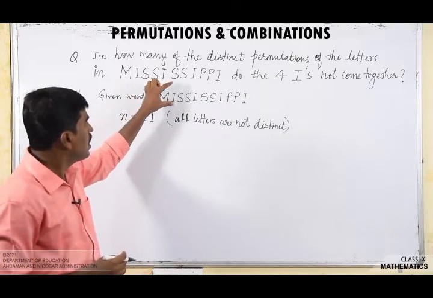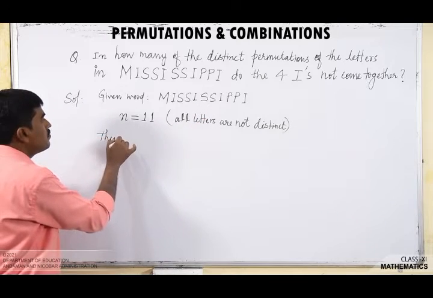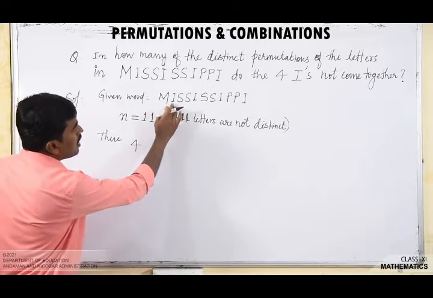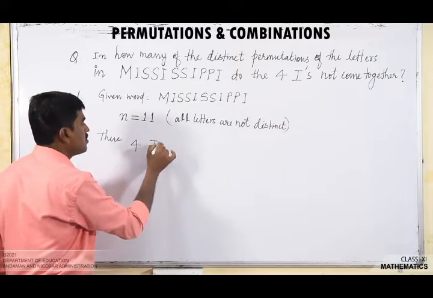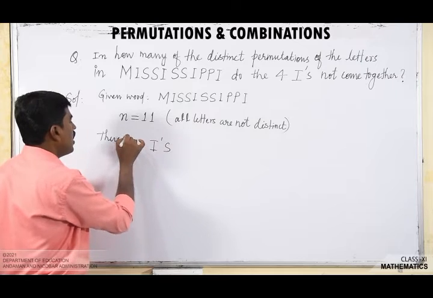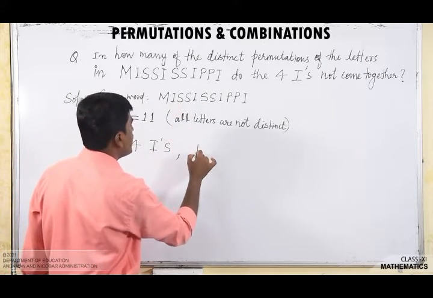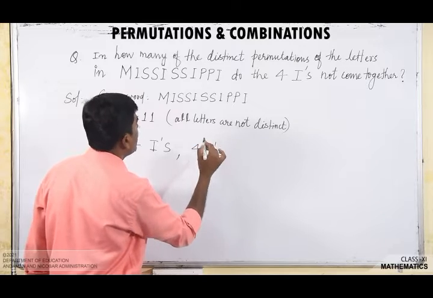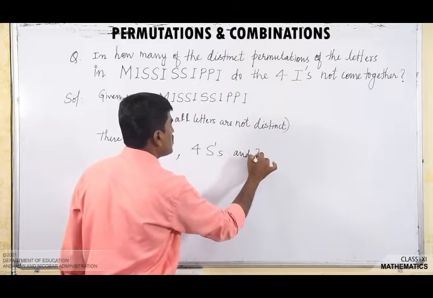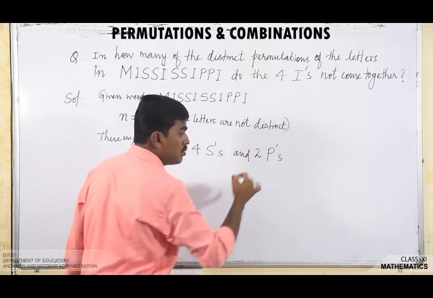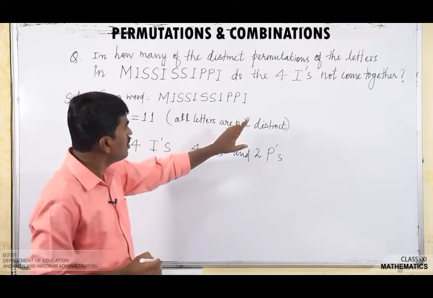Here you see I appears 4 times, 1, 2, 3, 4, there are 4 I's, then 4 S's, and P appears 2 times, 2 P's are there, and rest all the letters are different.